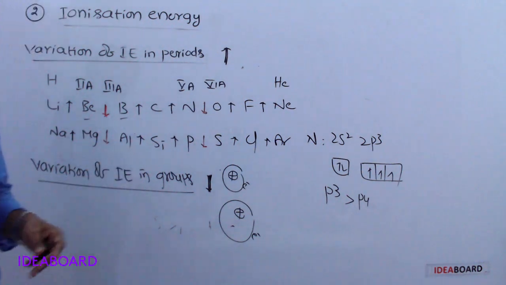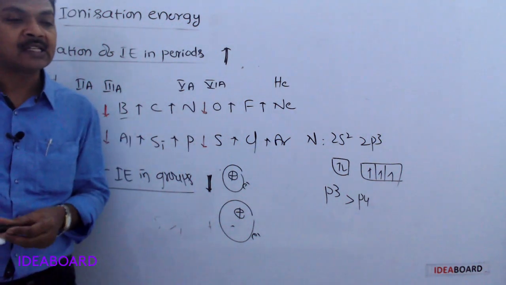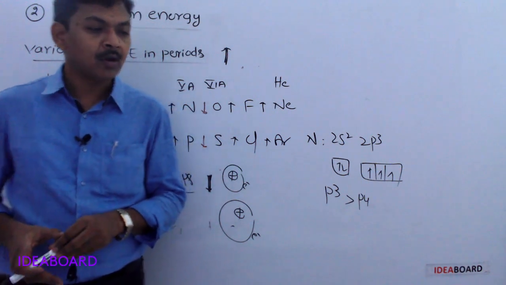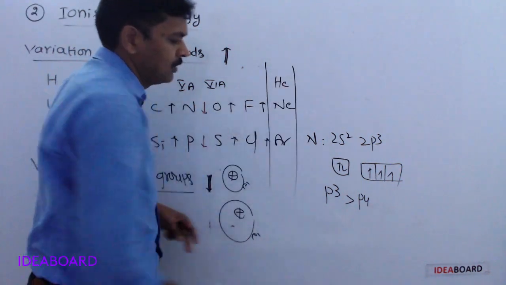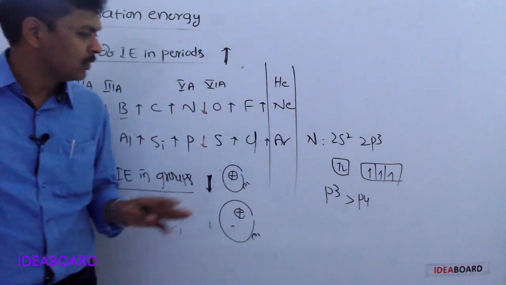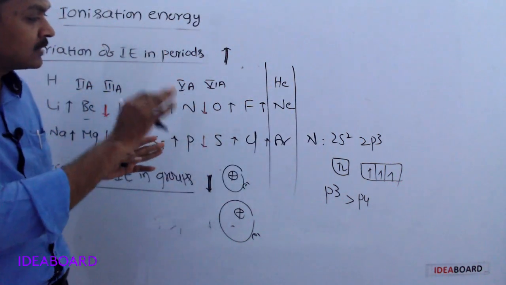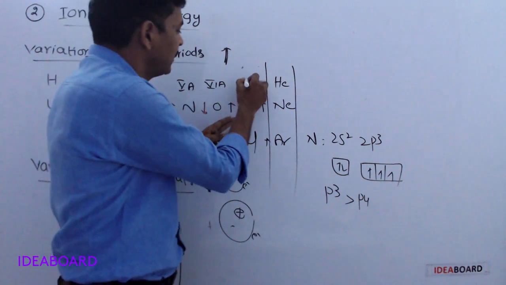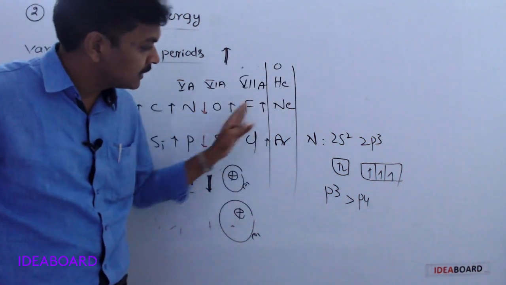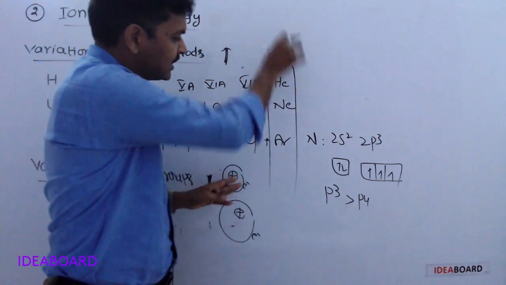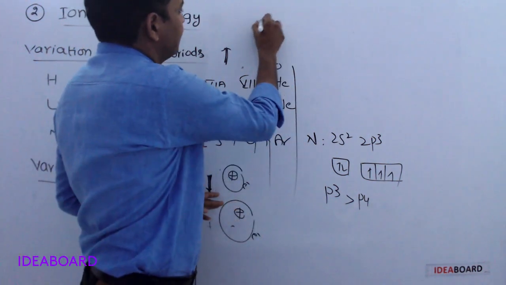So in the periodic table, which group elements have the highest IP value? Among all the elements, zero group elements have the highest IP value. Even though atomic size suddenly increases from seventh A group element to zero group element, they have a stable configuration.